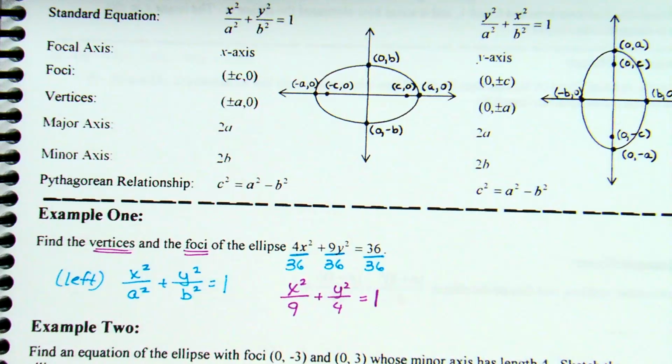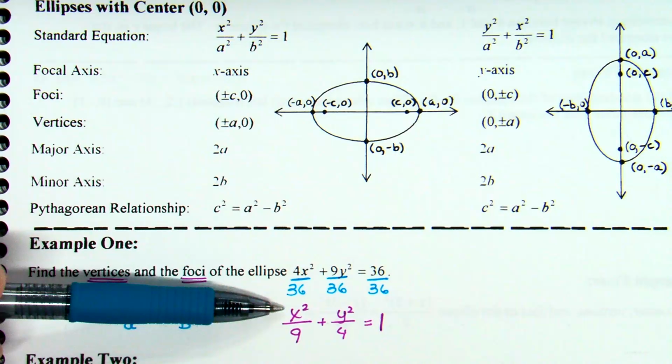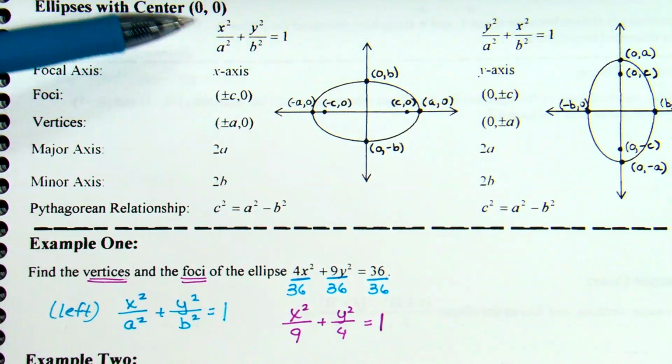Because you have to be sold on that and understand it. It's all because the bigger number is under x, so that means x is the a squared value.